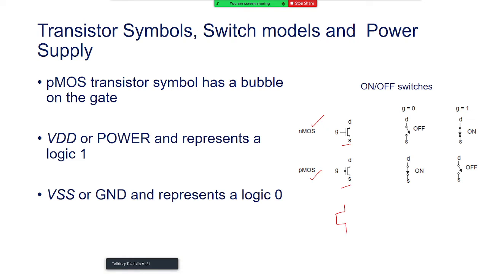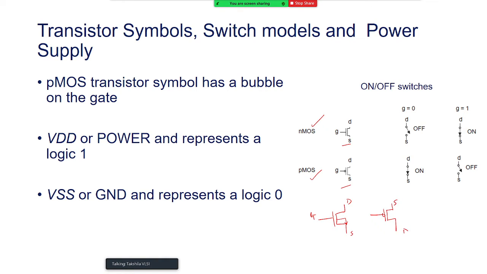If you see the symbols of the transistors like this, which is your drain, this is source, and this is your gate, and the body is doing like this, so you can see that this is the symbol for NMOS, right? And what about this one?